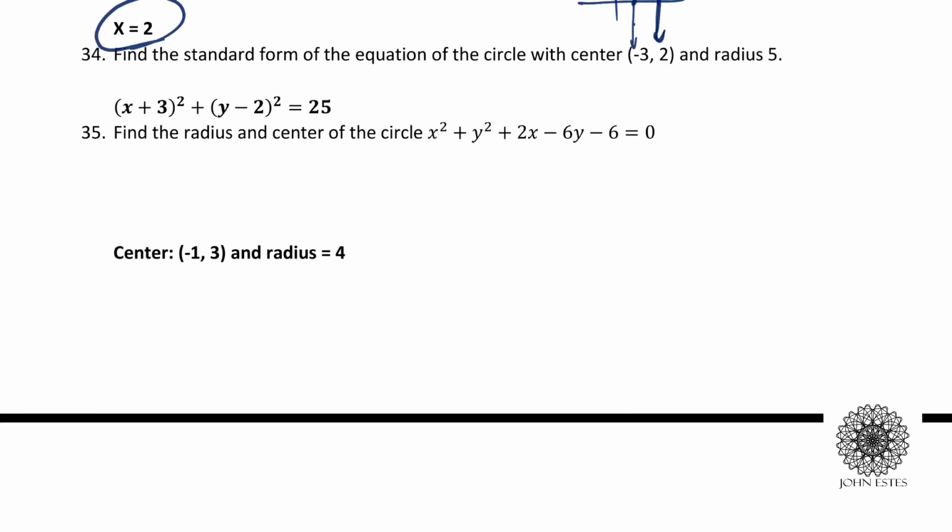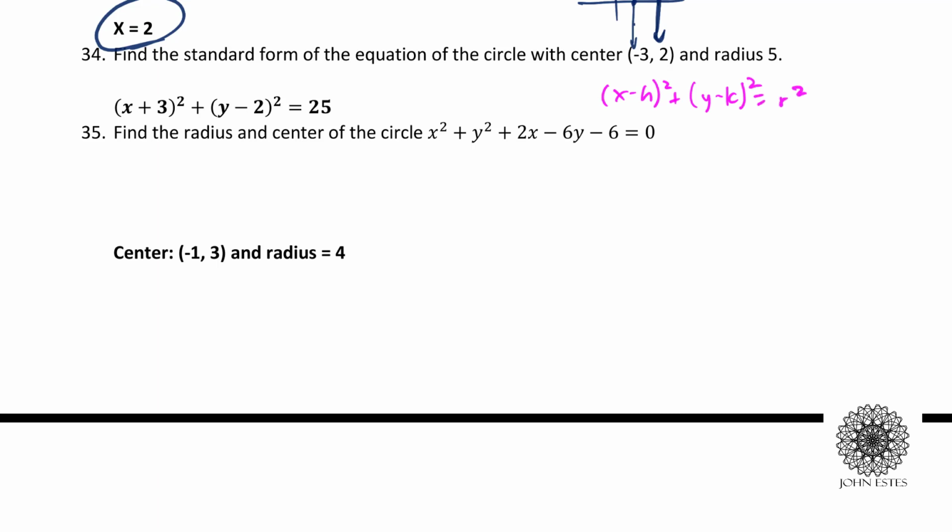Alright, number 34, we want to find the standard form of the equation of a circle with a given point and radius. So we have to remember a circle looks like this: x minus h squared plus y minus k squared equals your radius squared.